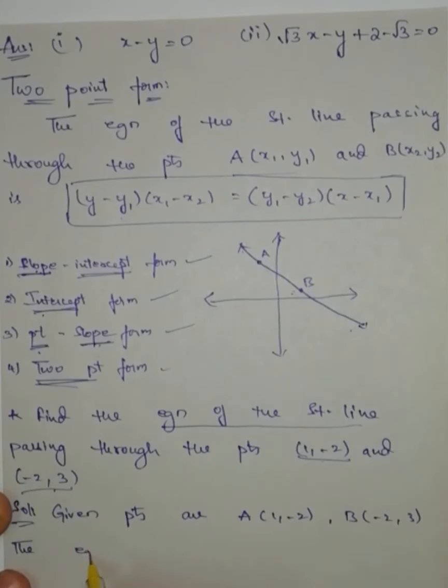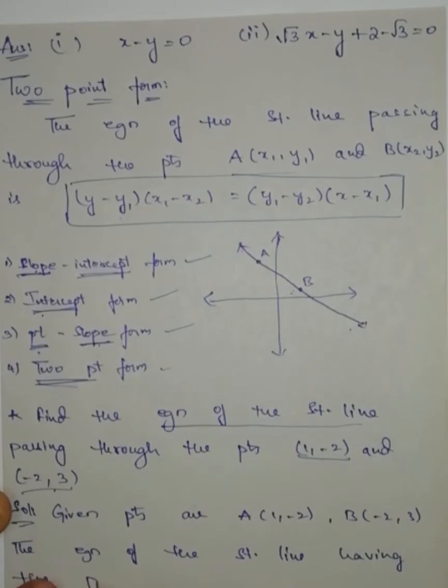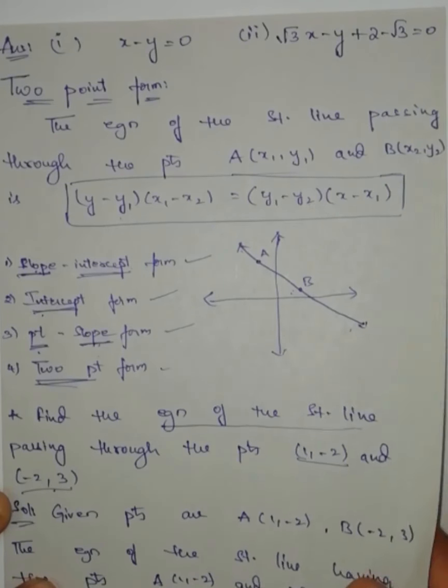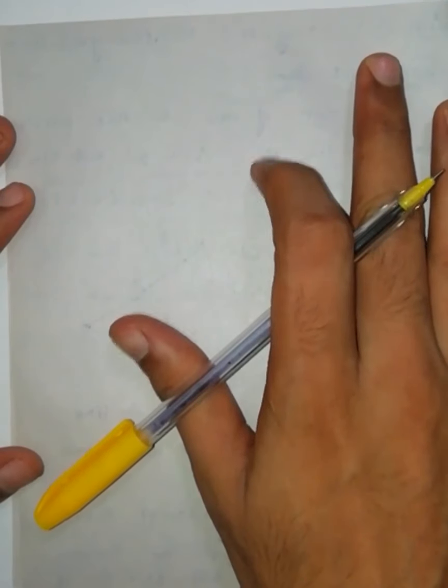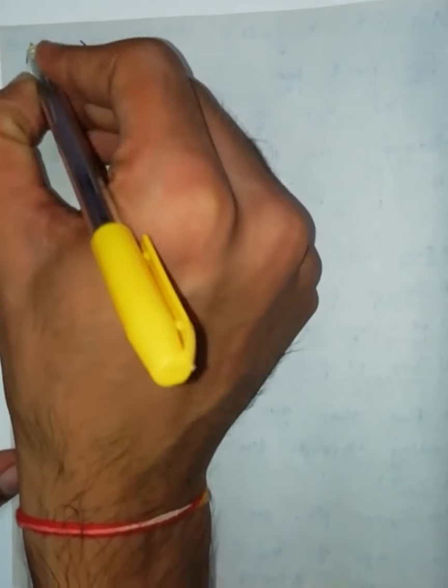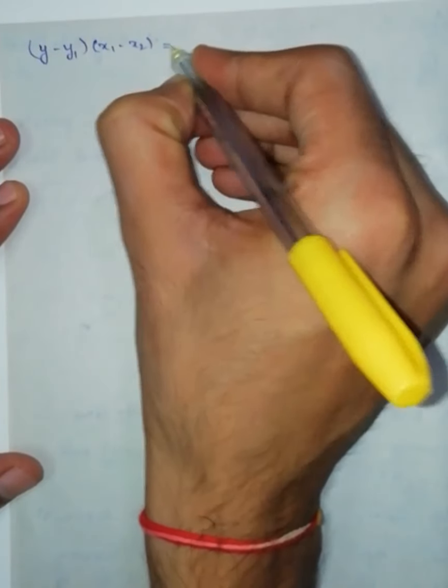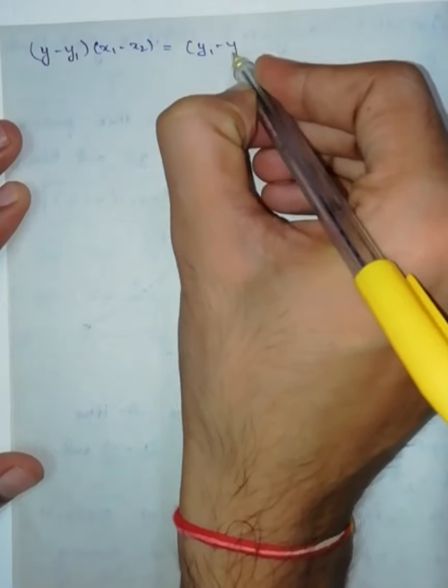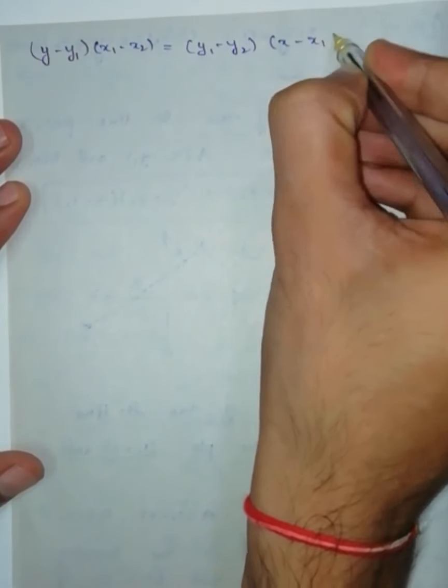The equation of the straight line having the points A 1 comma minus 2 and B minus 2 comma 3 is, what is the formula of the 2-point form? y minus y1 into x1 minus x2 is equal to y1 minus y2 into x minus x1.